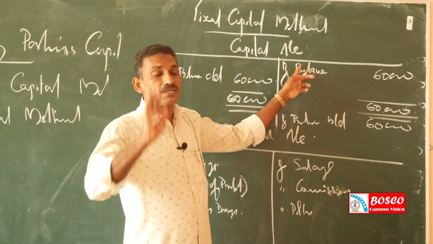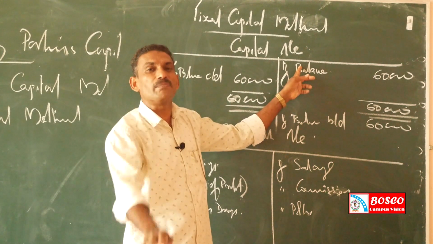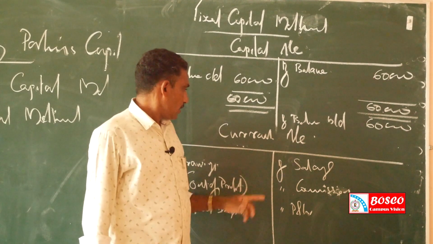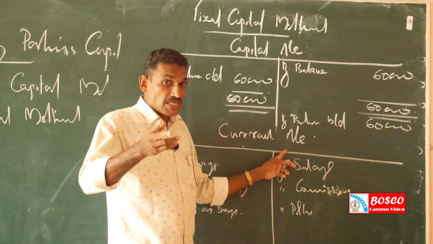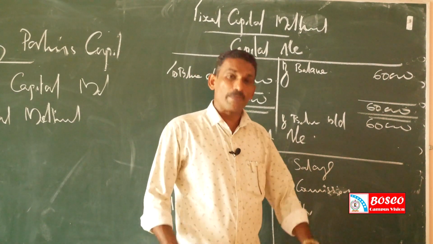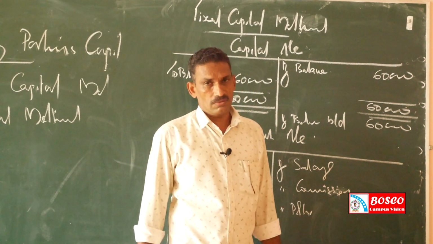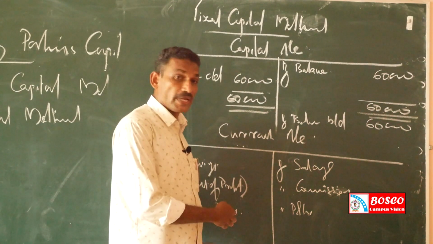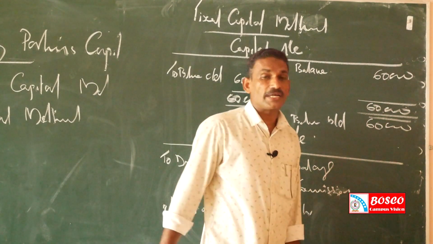Usually, the capital balance will always be a credit balance. It will be shown on the liability side itself. Then the current account balance will be either debit balance or credit balance. It may depend. So the current account closing balance is sometimes shown on the liability side or on the asset side.